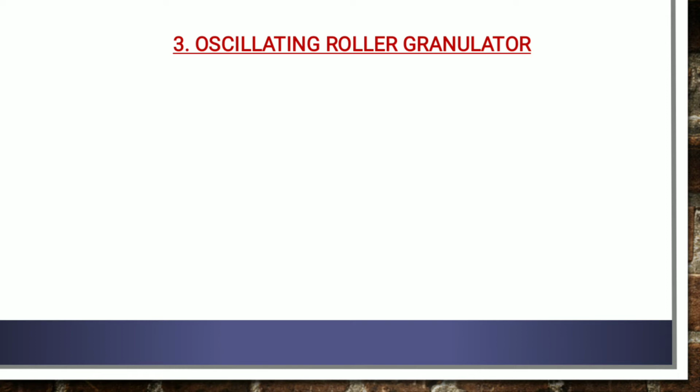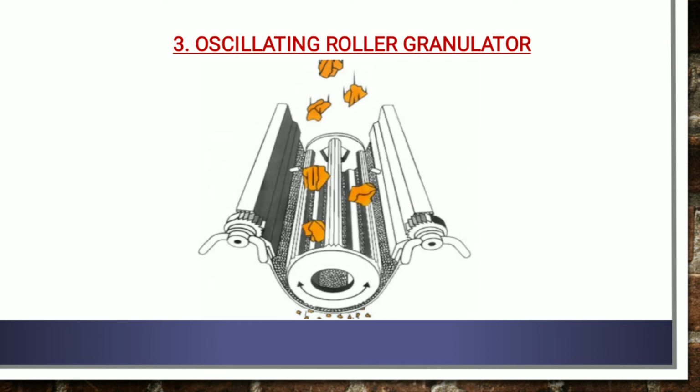oscillating roller granulators. You can see here the diagram of the oscillating roller granulator. Here, when the moist mass has been transferred to the granulator, the oscillating bars or the rotor bars of the granulator oscillate and force the moist mass through the sieve screen, the size of which determines the granule size.